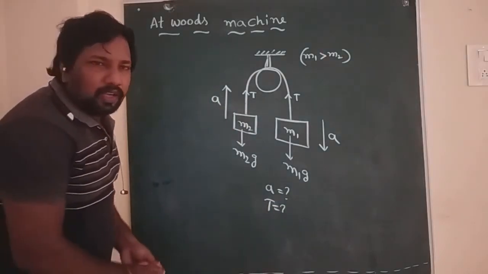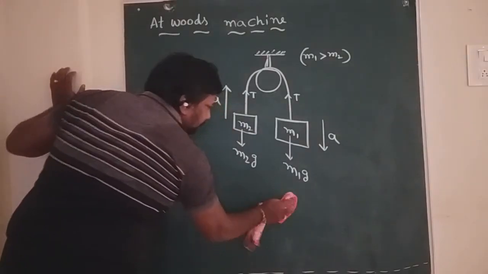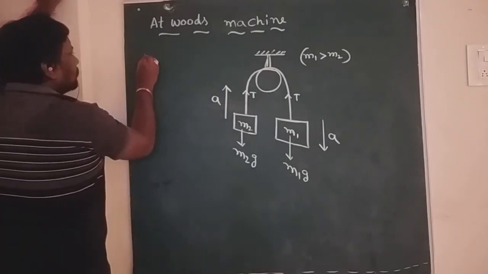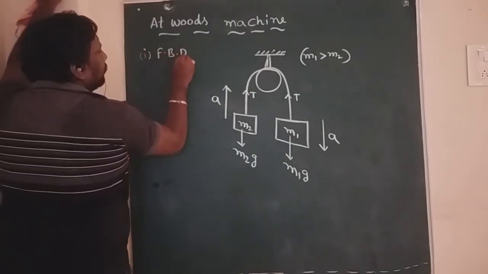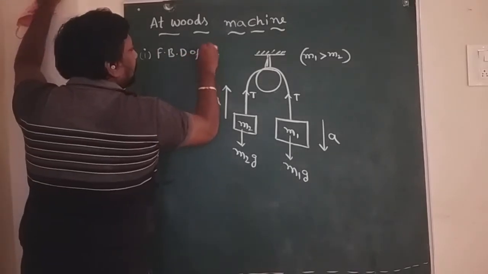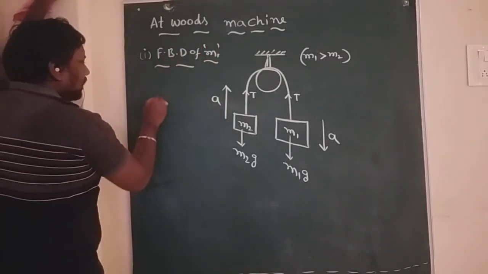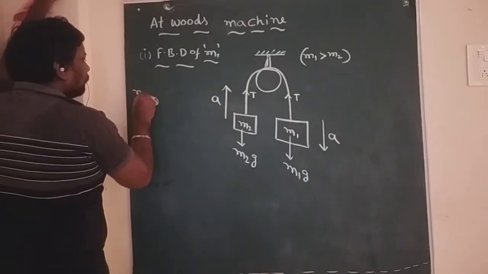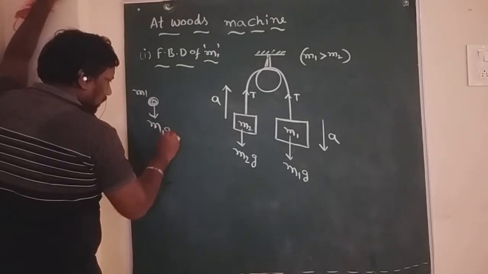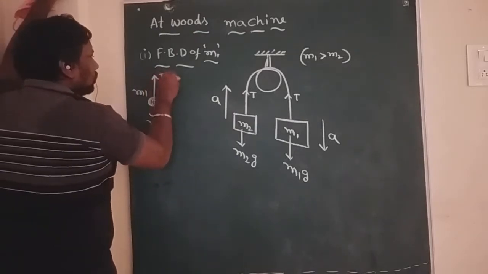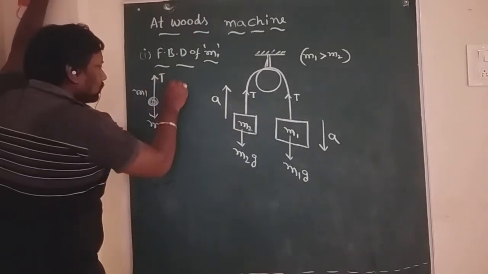Now, free body diagram of M1 block. So here, this is the M1 block. Weight is vertically downward, but tensional force acts vertically upwards.